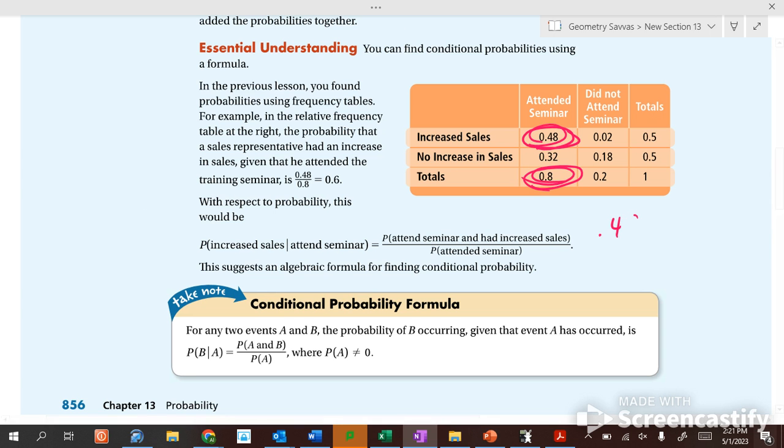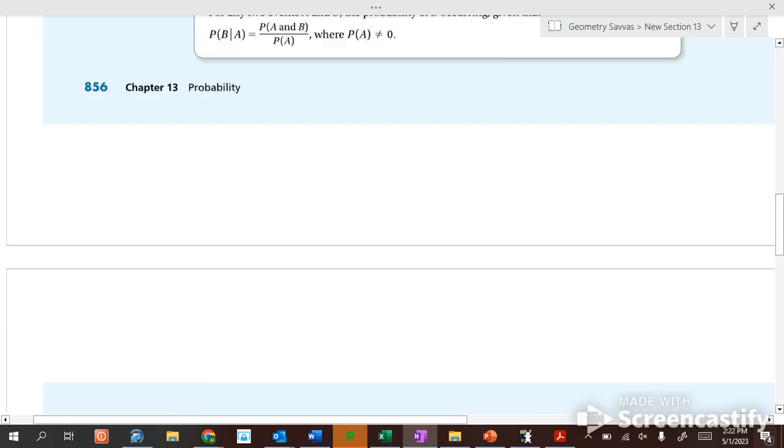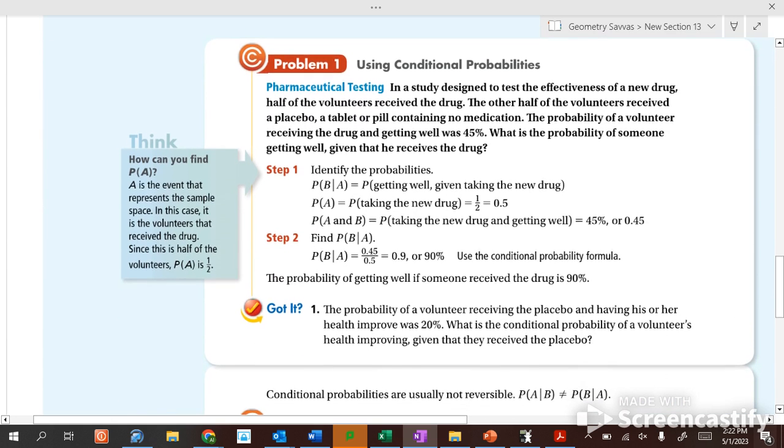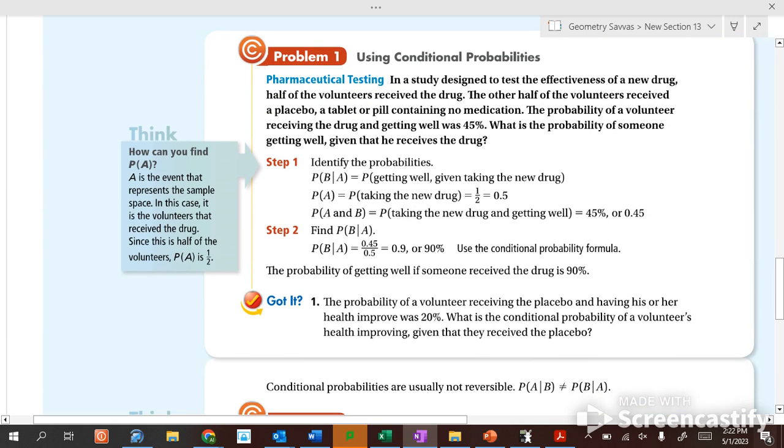So you took 0.48 out of 0.8, which is 0.6 or 60% of the people who went to the seminar had a probability of increased sales. Okay? So let's look at these pharmaceuticals.